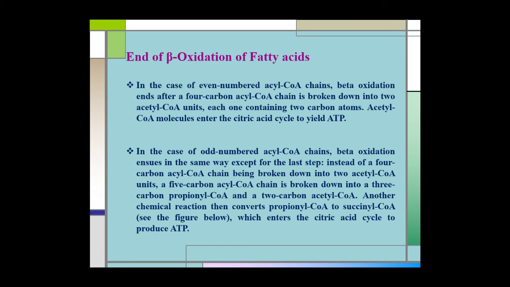But in the case of an odd number acyl coenzyme A chain, the beta oxidation process is completed at a 5 carbon acyl CoA chain, and this 5 carbon acyl CoA chain is broken down to 3 carbon propionyl CoA and 2 carbon acetyl coenzyme A. Now another chemical reaction converts this propionyl CoA to succinyl coenzyme A, which enters the citric acid cycle to produce ATP.